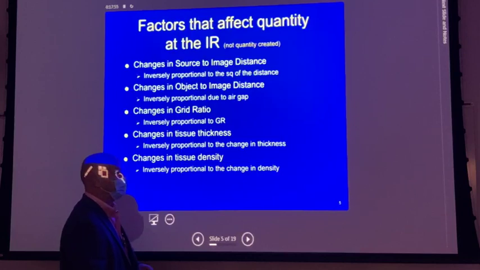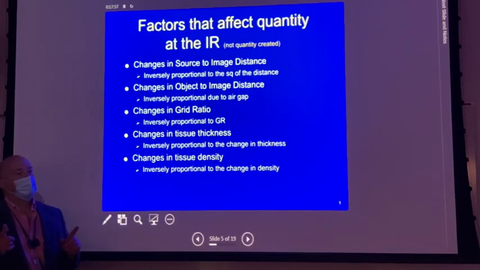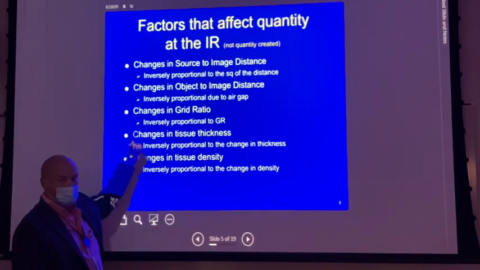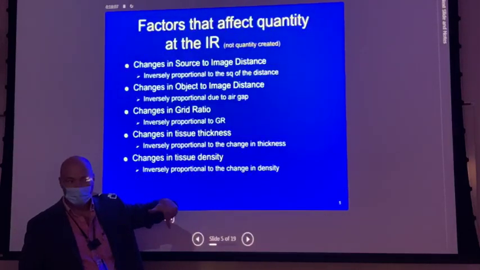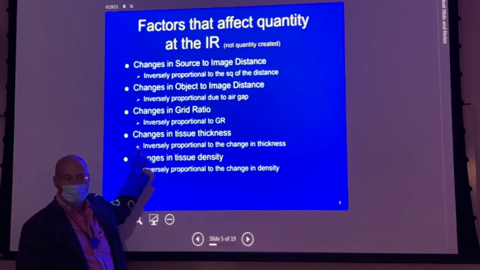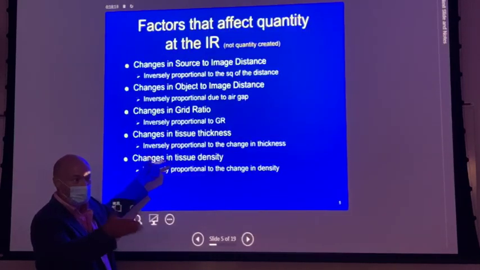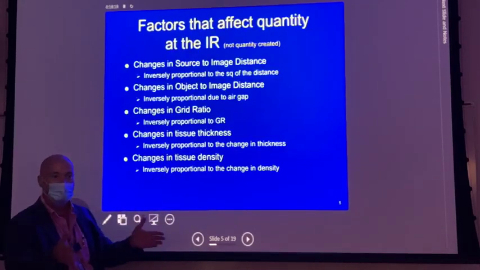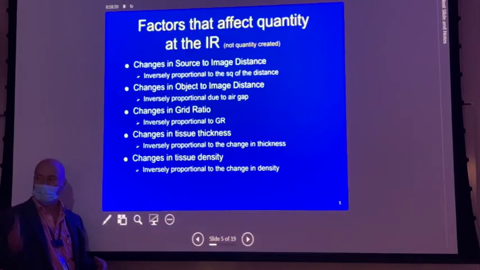So I've had students in previous years think, okay, well, scatter radiation is an unwanted density. Thicker patients create more scatter radiation, and therefore thicker patients create more density. They'll make the connection between thicker patients and more density.